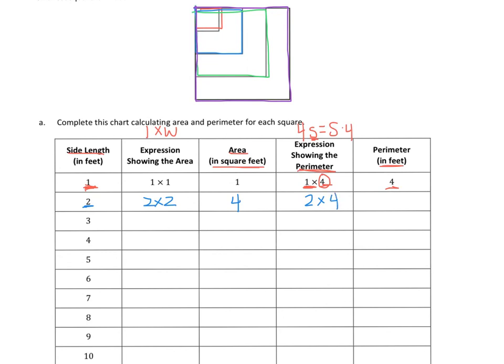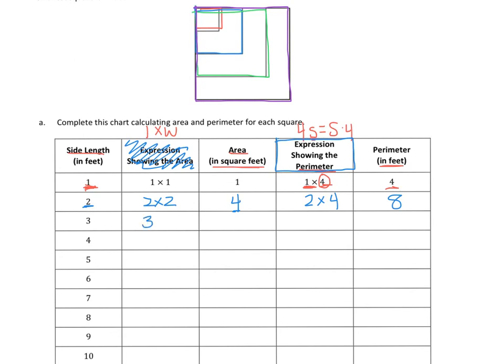So now I'm finding perimeter. And remember, area is the amount of space on the inside, and perimeter is the distance around the outside. So that's why I shaded in for area and outlined for perimeter. And I know for perimeter, 2 times 4 is 8. So right now, the area is less than the perimeter.